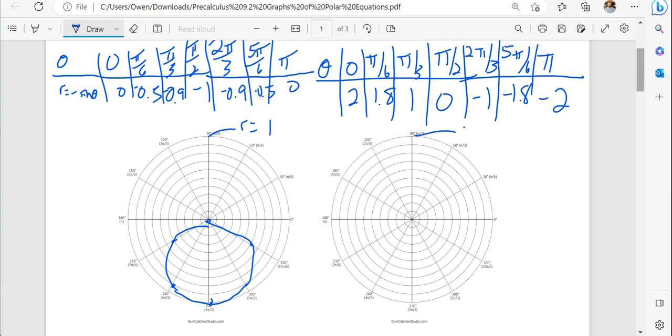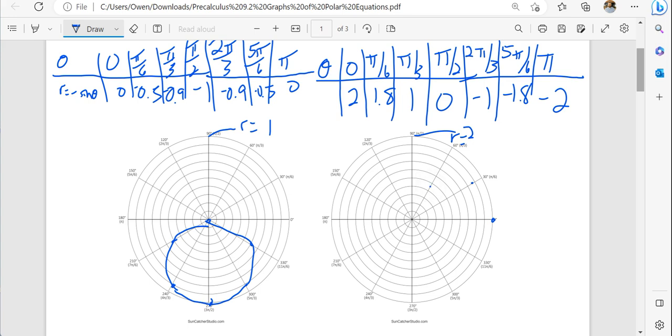I'm going to make the outside 2 this time. Okay, r equal to 2. Once again, it helps my drawing on this device here. So we've got 0, 2. And then pi over 6, 1.8. Pi over 3, 1, right there.